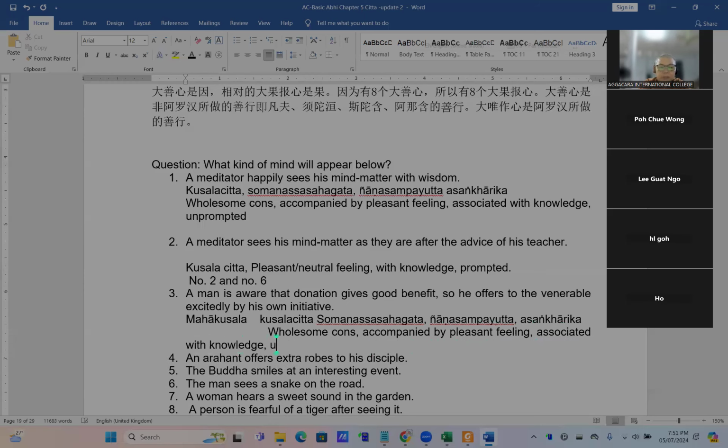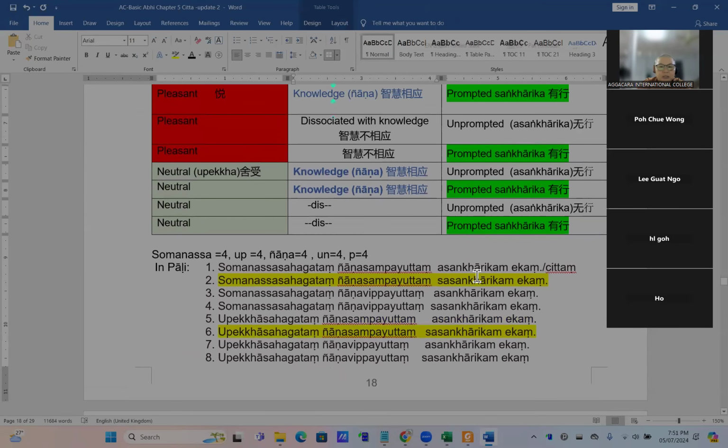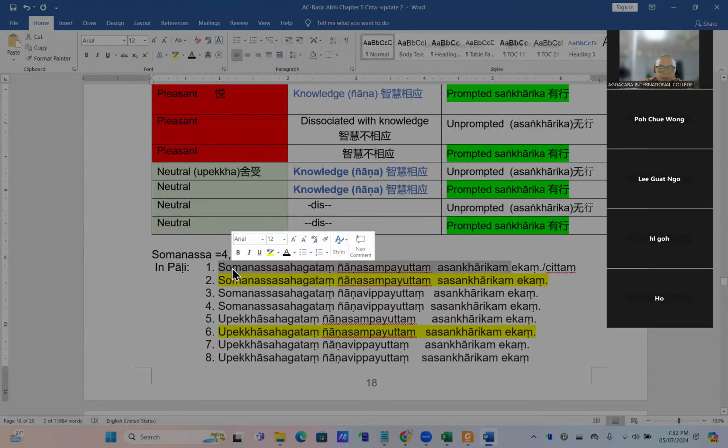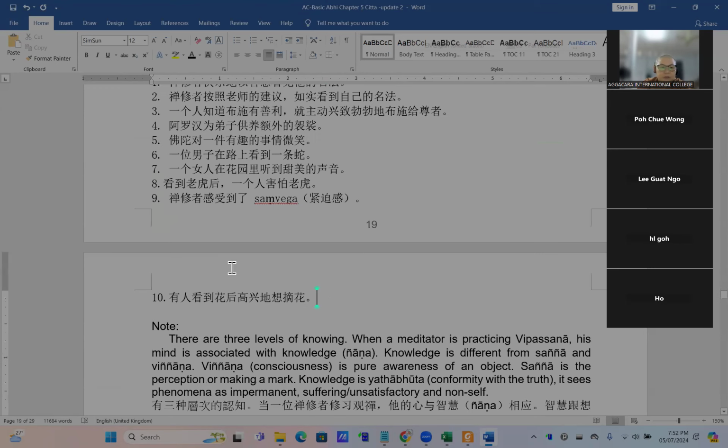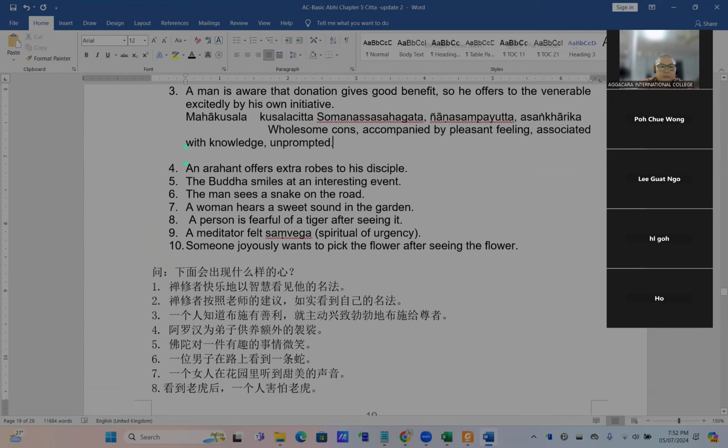So under which Citta is it? Should be number 1, right? Yes, number 1. Okay, now number 4.